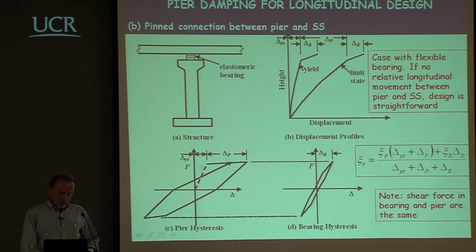Now, if you wanted to evaluate the global damping, the equation that I was showing earlier, you see here, is just a function of the displacements and not of the forces. But what you would also note here is that this global damping is essentially dominated by the response of the pier, which is where you have the larger part of the displacement and where you have the larger part of the energy dissipation.